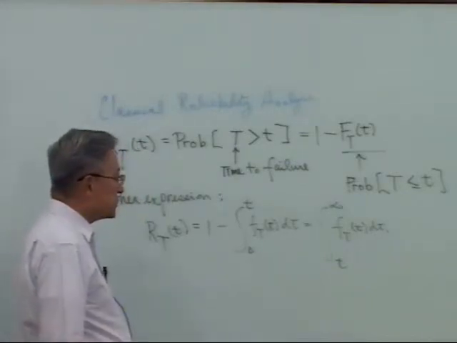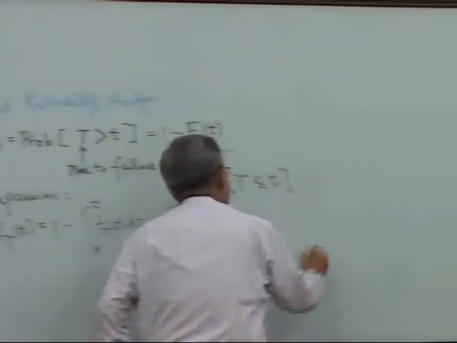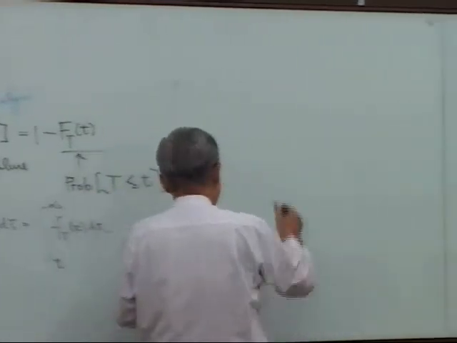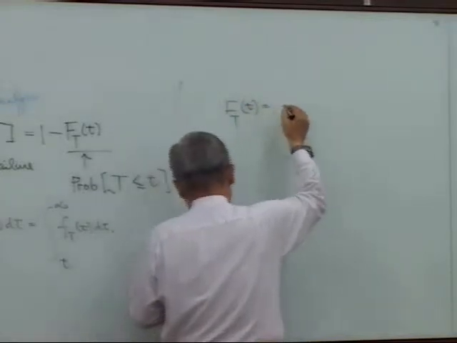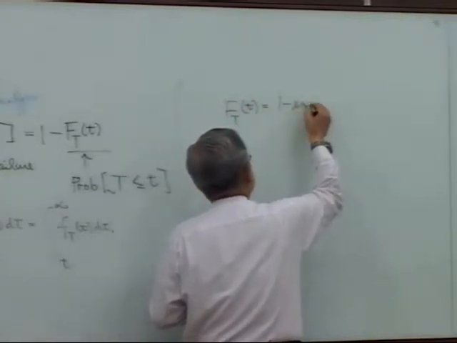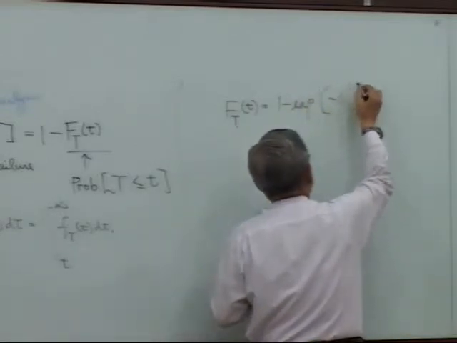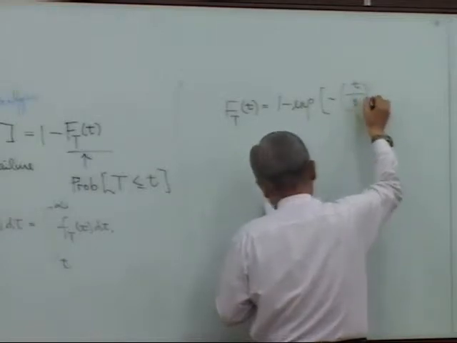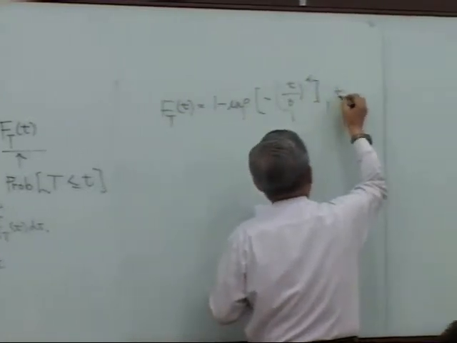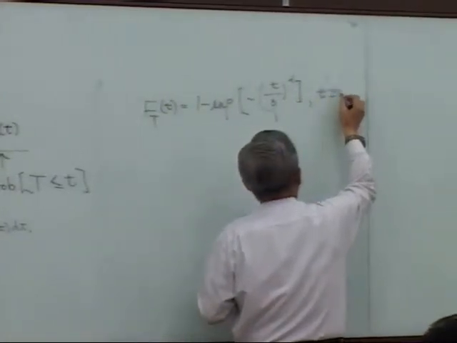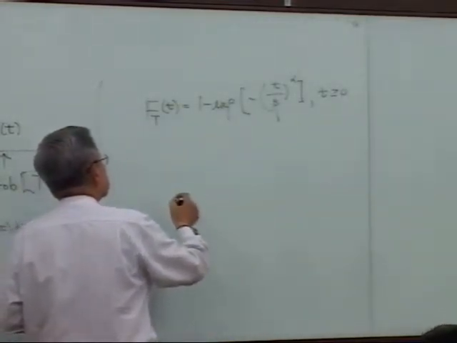And the probability model, the typical probability model I mentioned to you already, is F(t) equal to 1 minus EXP of minus (t over beta) to the power alpha, for t greater than or equal to 0.